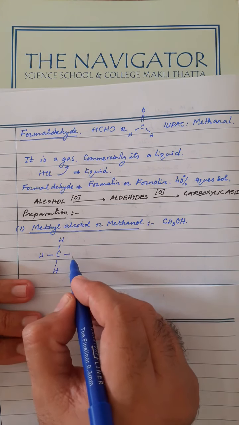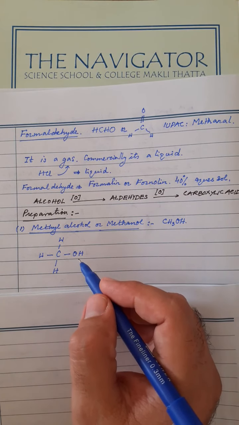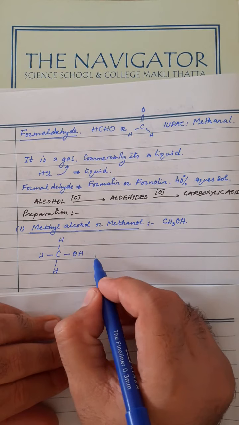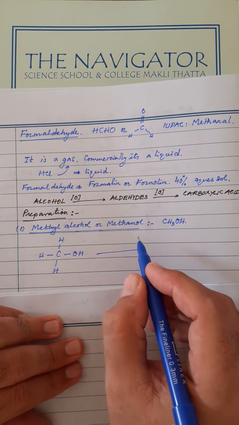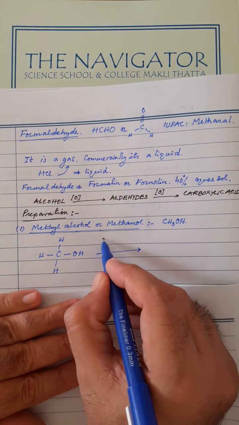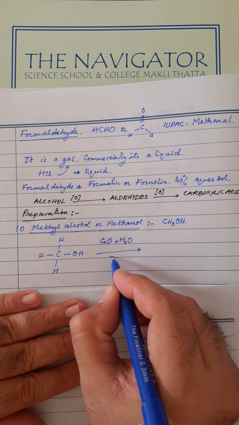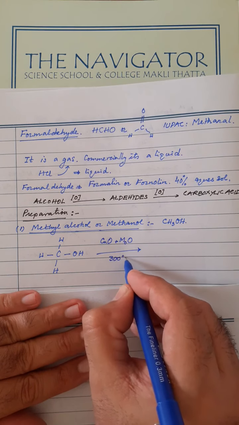Here, my friend, we need to remove hydrogen from methyl alcohol. The removal of hydrogen is called dehydrogenation. And this can be done if we mix methanol and air and pass through hot catalysts, a mixture of copper oxide and molybdenum oxide, as high as 300 degrees C.